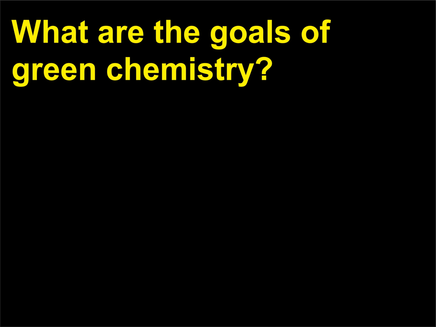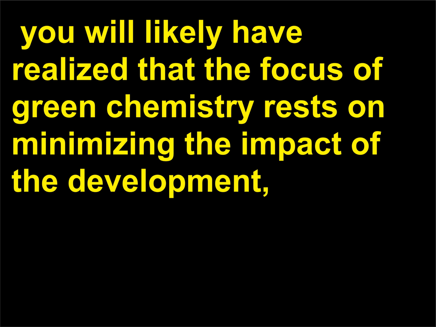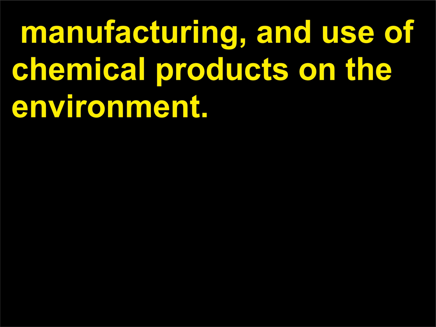What are the goals of green chemistry? If you have read through the 12 principles of green chemistry, you will likely have realized that the focus of green chemistry rests on minimizing the impact of the development, manufacturing, and use of chemical products on the environment.